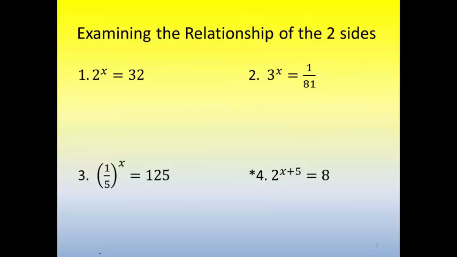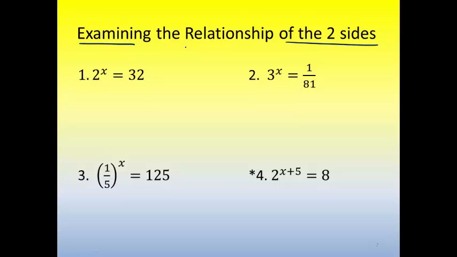So here what we're going to do is examine the relationship of the two sides. For number 1, when I see a 2 and I see a 32, is there any correlation? Can I go from 2 to 32 using exponents?